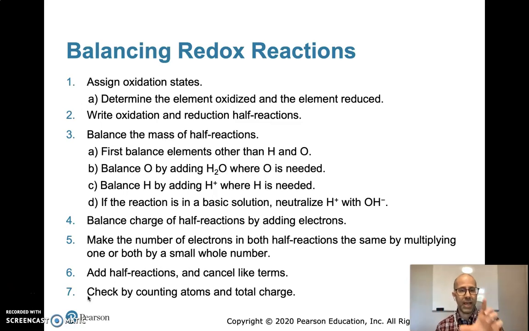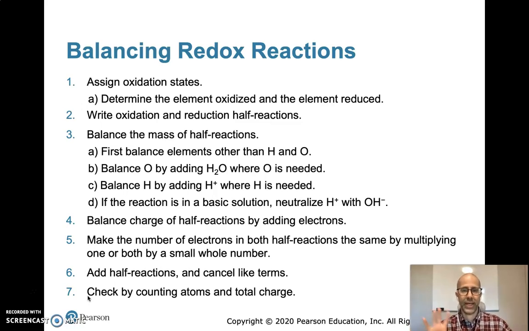You have the same number of electrons as a product in one half reaction as they are as a reactant in the other half reaction. So they will cancel out. And the same thing with anything else. If you have H+ as a reactant in one half reaction and H+ as a product in the other half reaction, then you're going to have to cancel them out, so that you eliminate the H+ or the water on one of the sides.